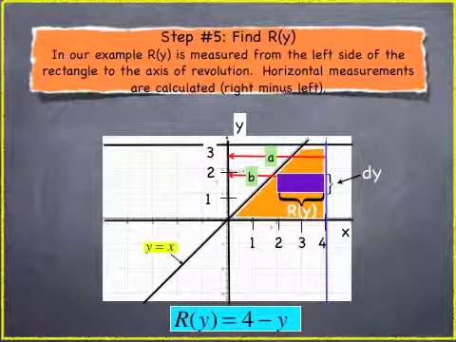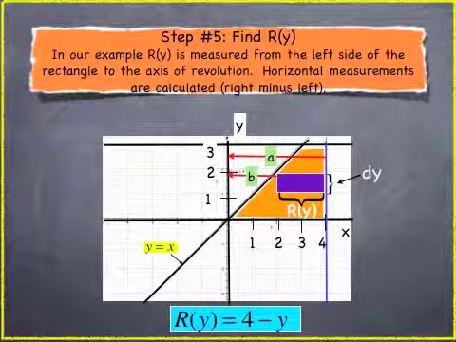Anytime you want to calculate a horizontal measurement, you take the right side and subtract the left side. Remember, it's a horizontal measurement, so it's the x measurements that we are trying to calculate. So x is 4 on the right side.